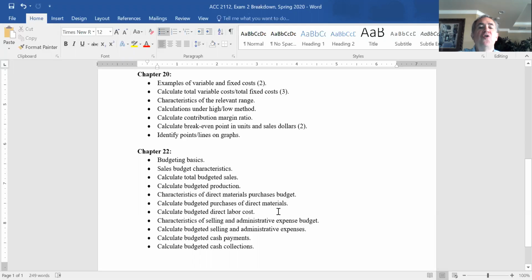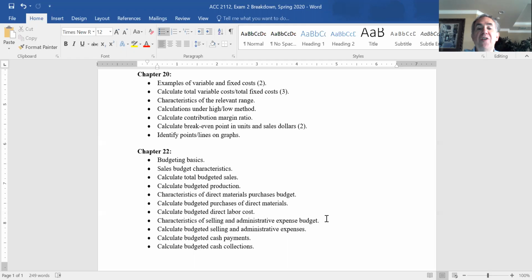Then calculate budget direct labor cost. You'll be given the hours of direct labor and the direct labor cost per unit. Multiply the two. Then characteristics of selling and administrative expense budget. So those are the non-manufacturing costs. We must have variable selling and administrative separate from fixed selling and administrative, which leads into the next question.